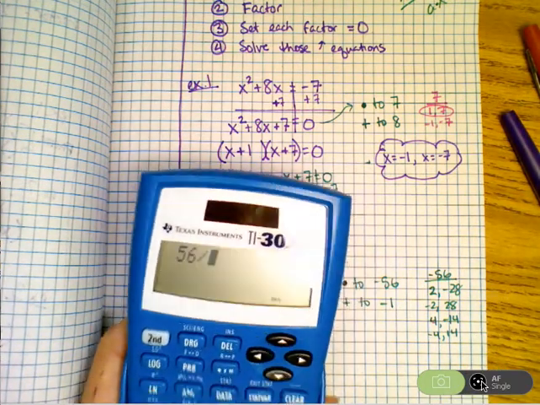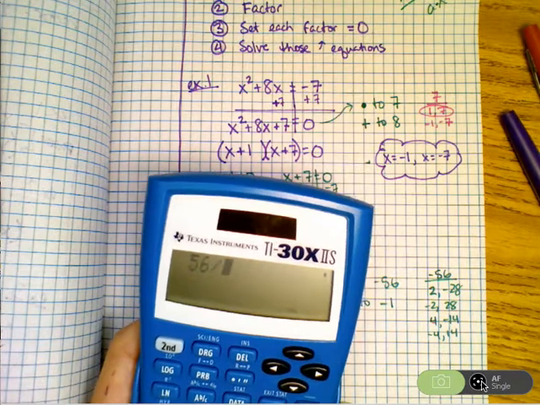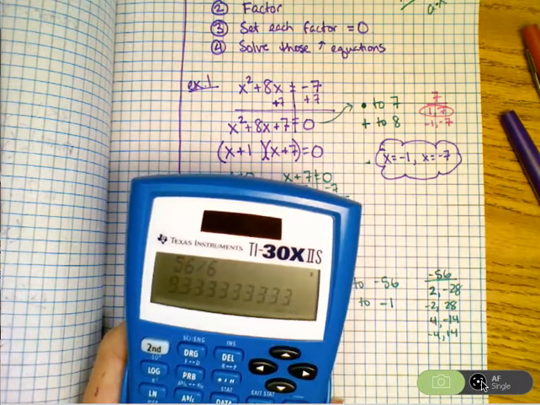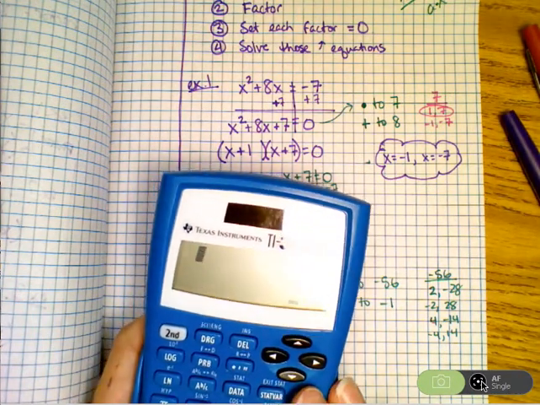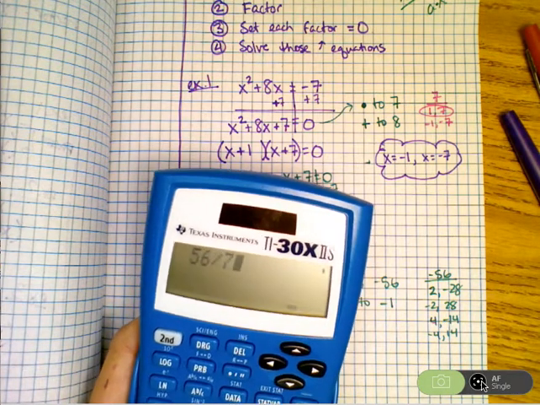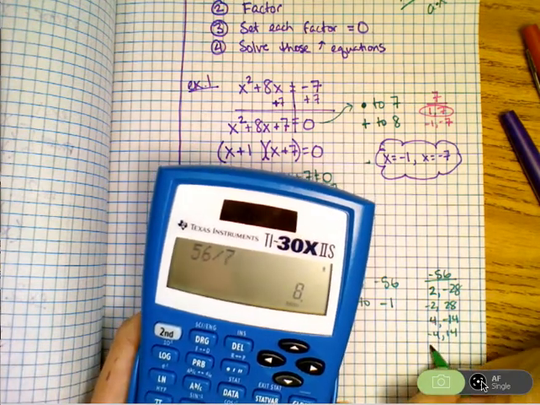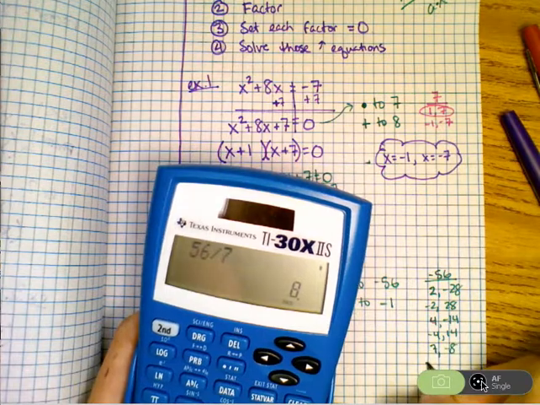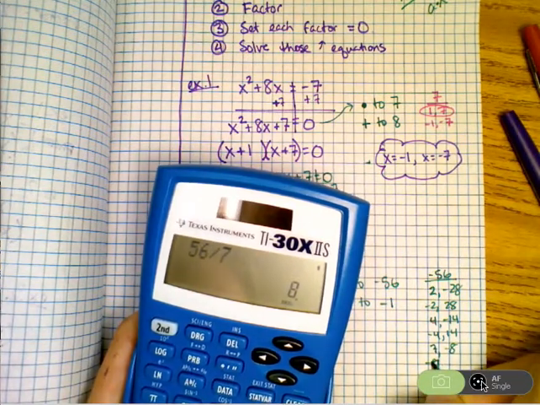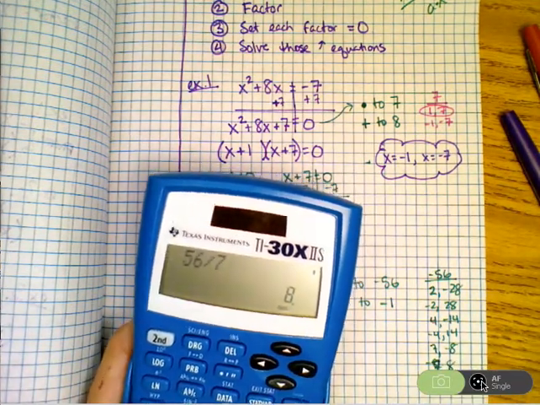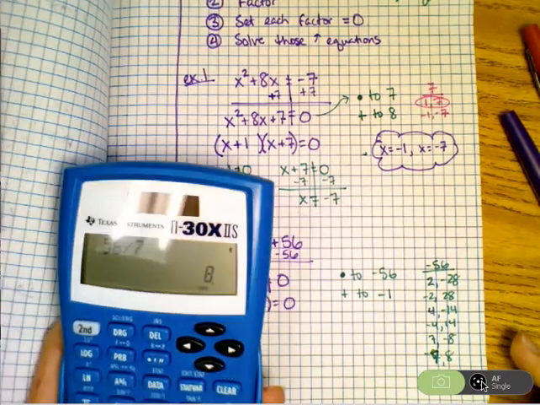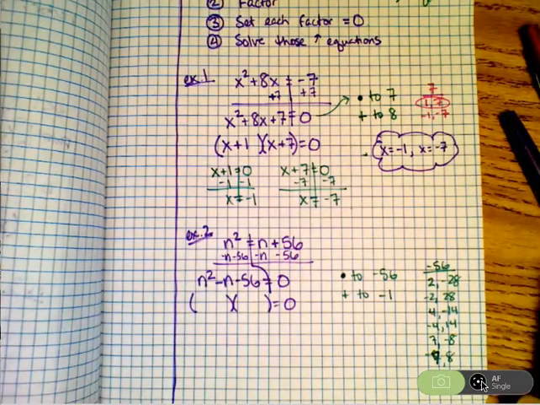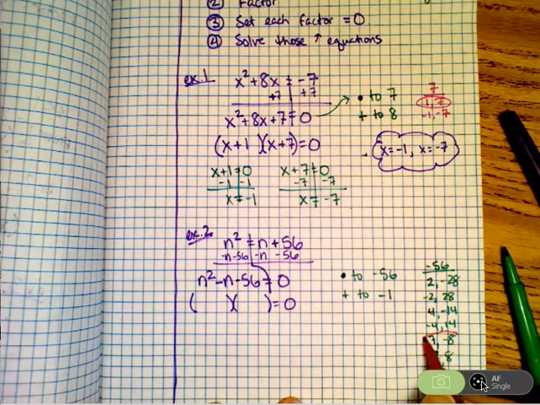So I'll keep going. Doesn't divide by 5 because it doesn't end in a 5 or a 0. Doesn't divide by 6 because that's an icky decimal. 7 and -8, or -7, sorry, and 8. One of those pairs should get me there, and I look for a minute and I see, yes, it's 7 and -8.